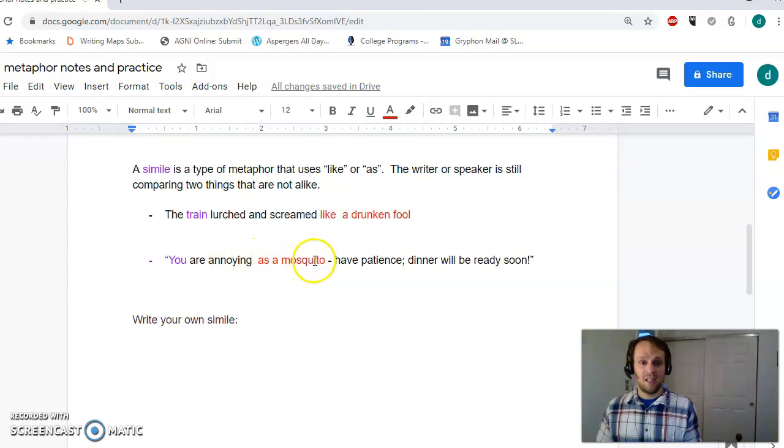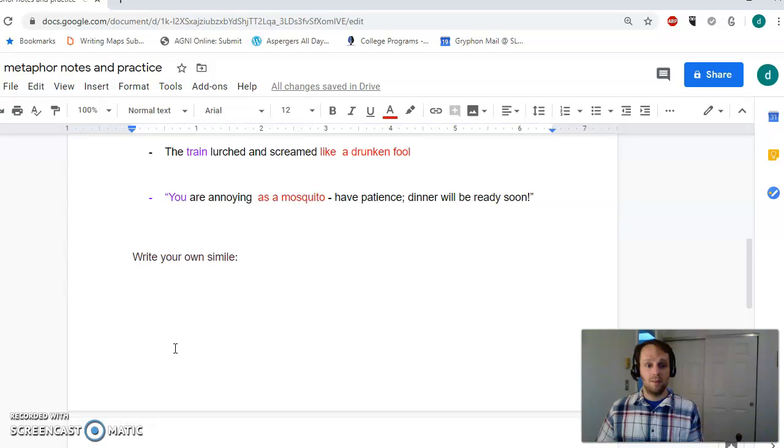Obviously, this next example is trying to highlight someone who's very short on patience, and in the larger context of whatever work these sentences would appear in, they would be able to tell us something deeper about that character. They would be able to tell us something deeper about the scenario. So, can you write your own simile?